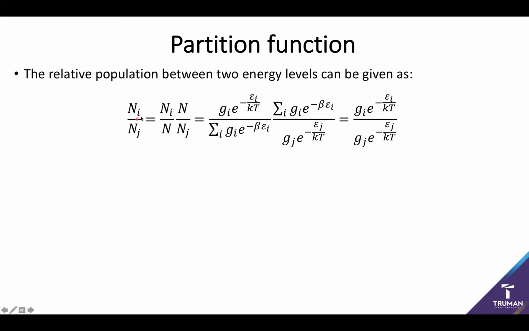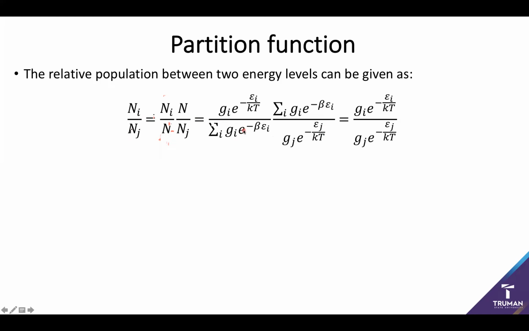So let's say I'm in state I, and I want to figure out how likely I am to be in energy level I versus energy level J. Well, you can essentially split this out into the idea of taking our probability of being in energy level I divided by our probability of being in energy level J. Then you can expand this into our full form of the probability of the energy level I divided by the partition function, times the partition function divided by the probability of being in energy level J.